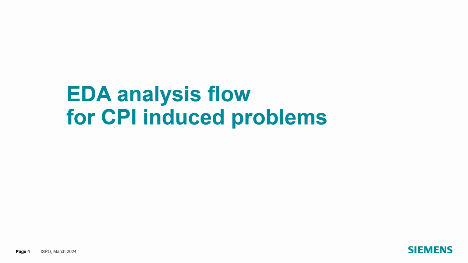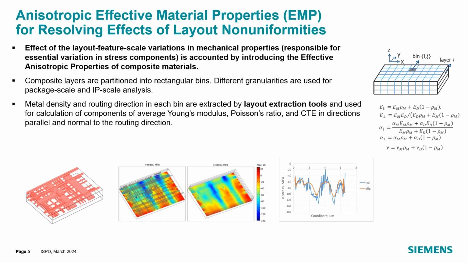Now we present the EDA tool flow for analyzing CPI-induced problems. The methodology of effective material properties, EMP, is an efficient way of representing different material components that are present in a design layout without constructing actual geometrical objects.